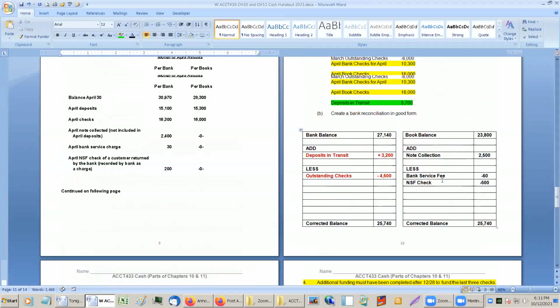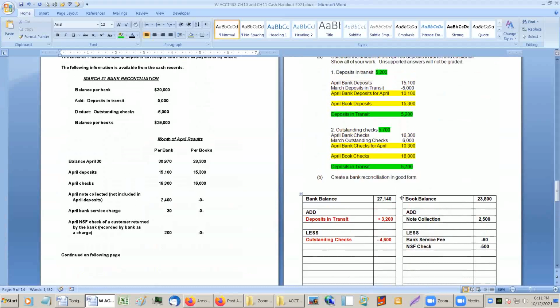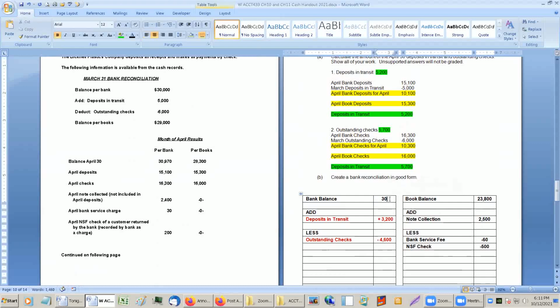Okay, so let's see here. We have the bank balance. Deposits in transit was 5,200.